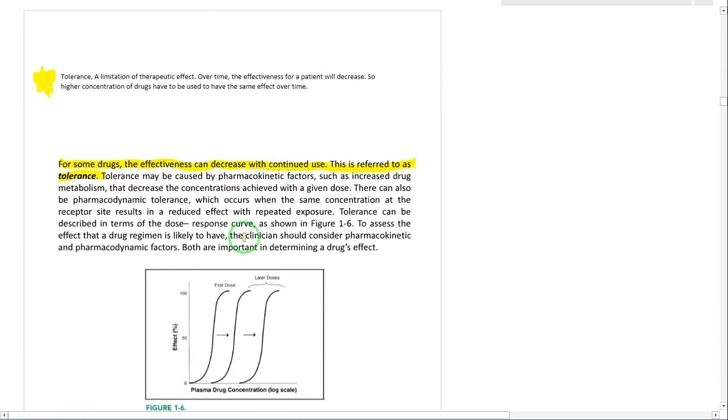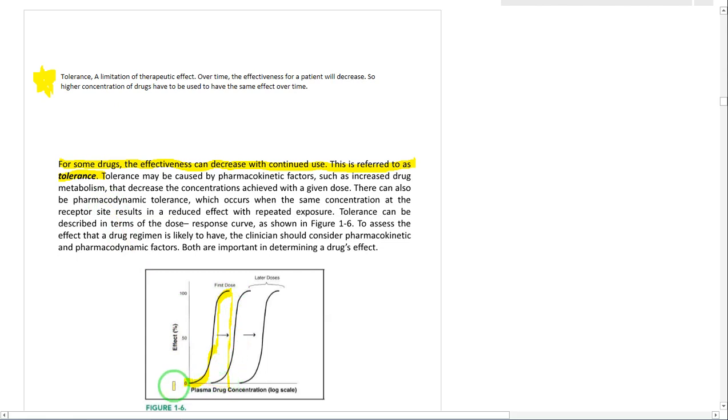Now let's have a look at another issue about the concentration of the drug which is administered into the patient. Now we want to talk about tolerance. Tolerance simply says that if I administer the drug into a patient, it's going to be effective at this concentration.